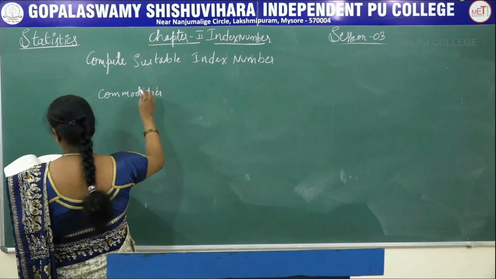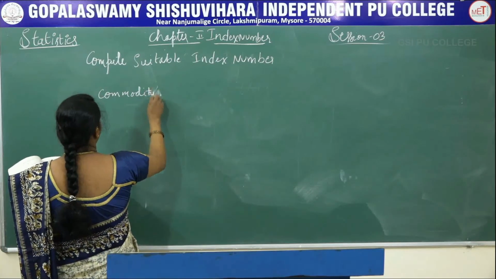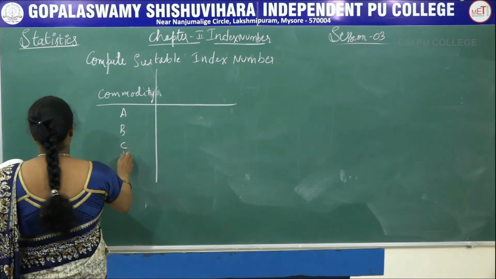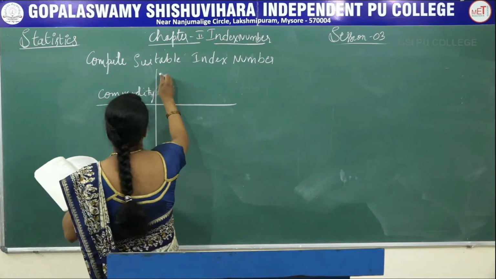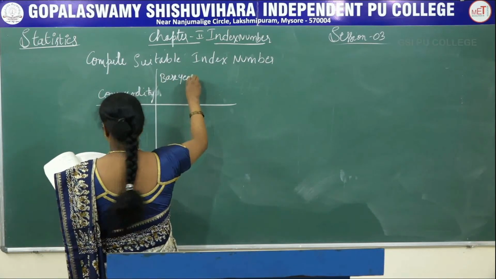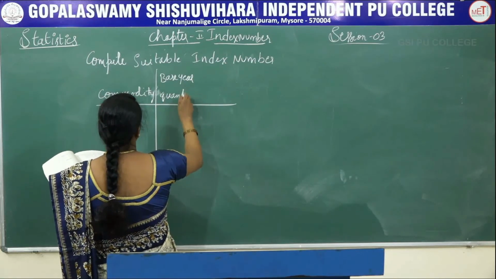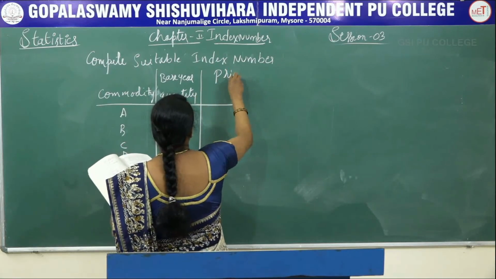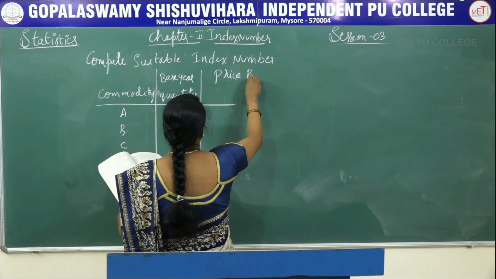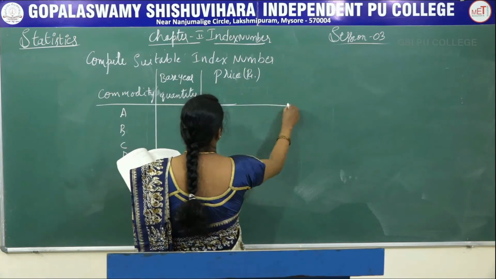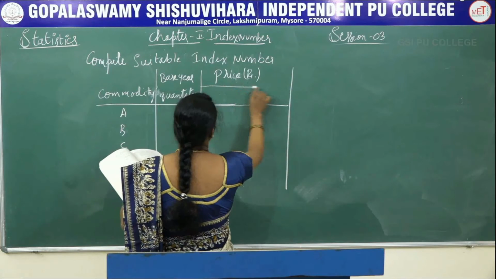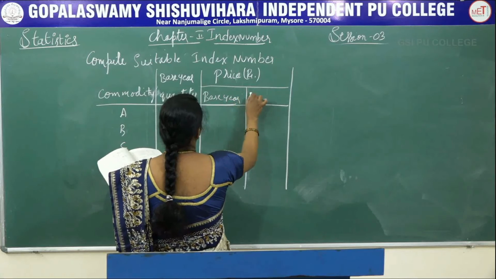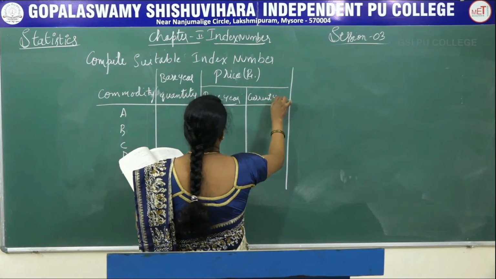Here it is commodities, base year, quantity, price in rupees, base year, current year.